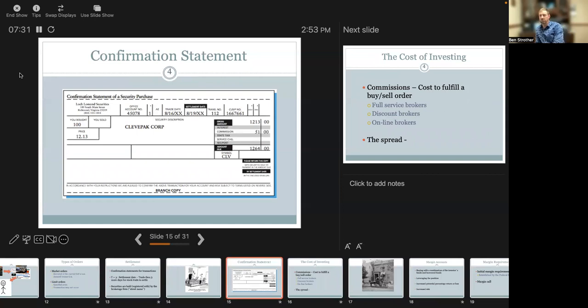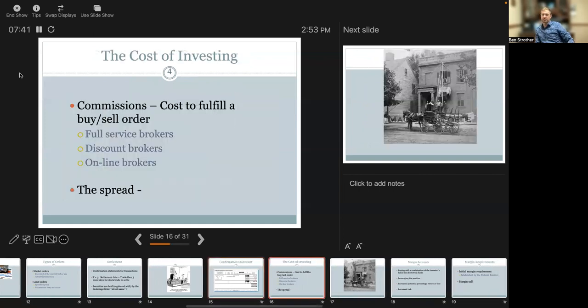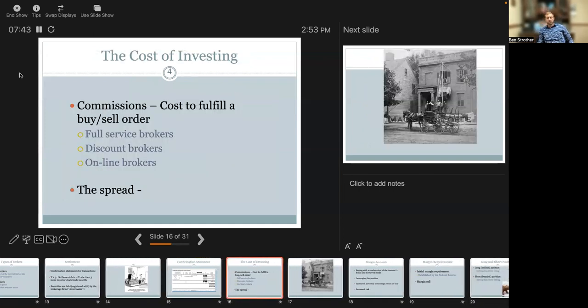And very few places charge even any commission now, which is a one-time cost of transaction to buy or sell stock. Here you can see on this old-time slip, it was $51. And that was common back then, especially in the 70s, 80s, and early 90s. You wouldn't be able to buy or sell stock with anything less than a $50 to $100 commission cost. And now that is free, which is kind of cool, at least on most places.